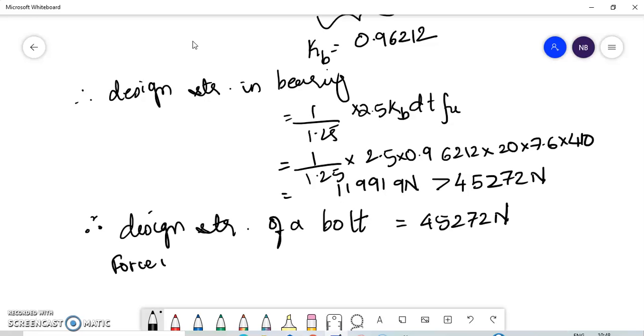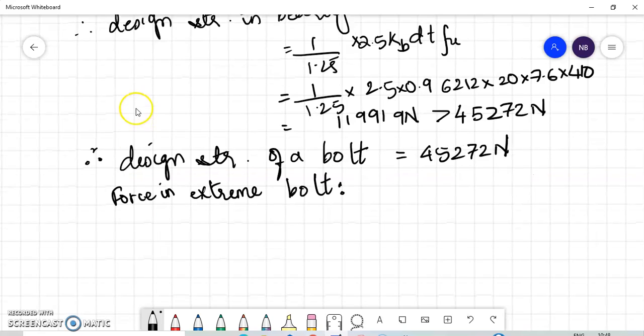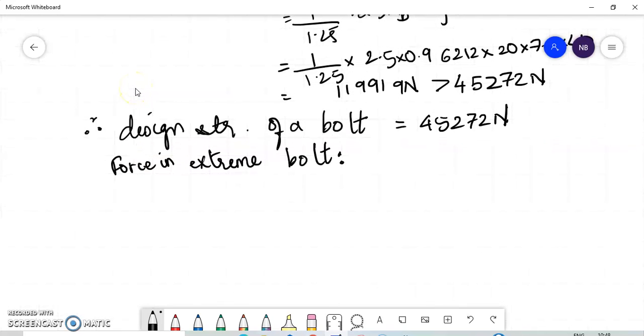Next, we calculate the force in the extreme bolt. That is the bolt which is at the most distance from the force.